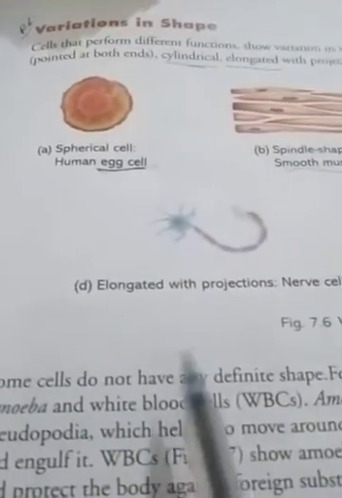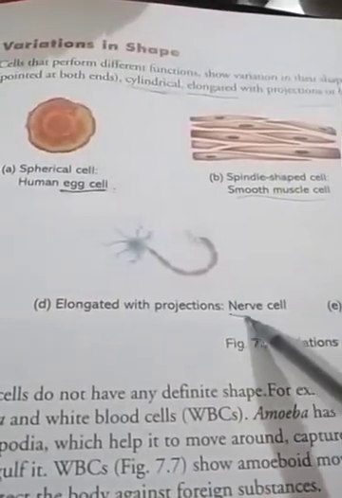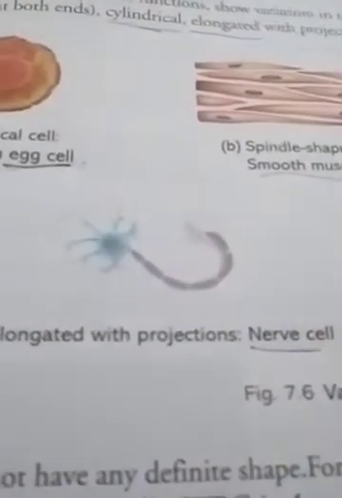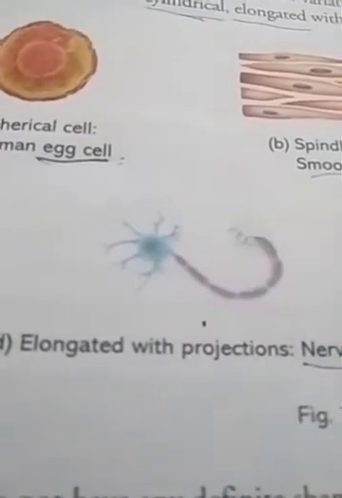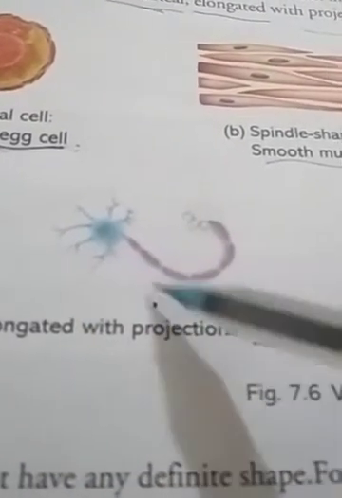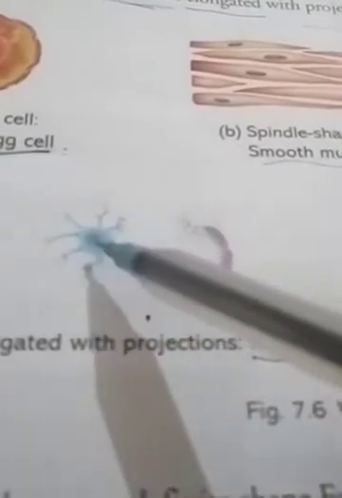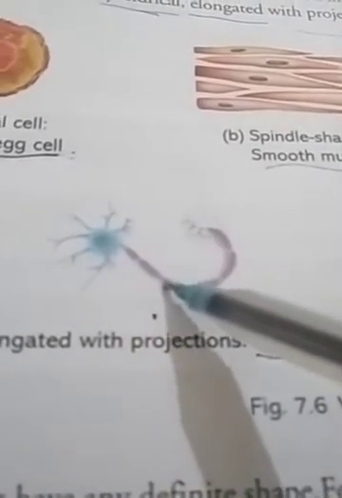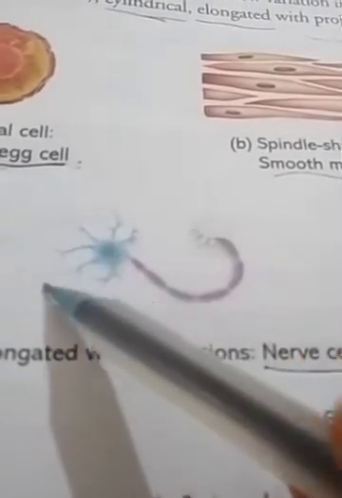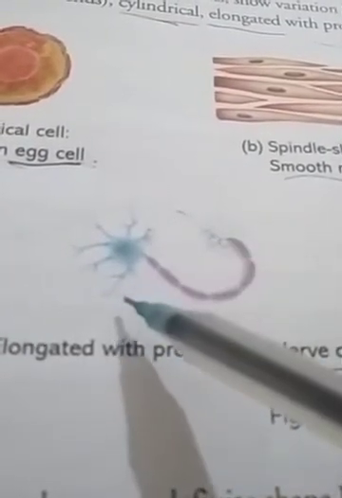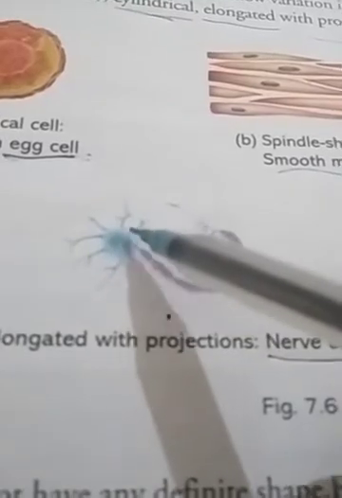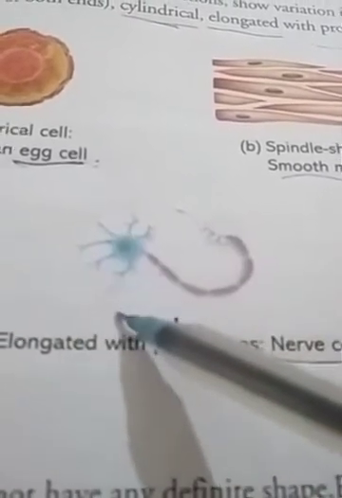The next is the elongated cell with projections, the nerve cell. If you consider this, look here. This is a nerve cell. It's elongated with all these projections. Look here, it is long from here. This is the cell body. These structures here are called dendrites.